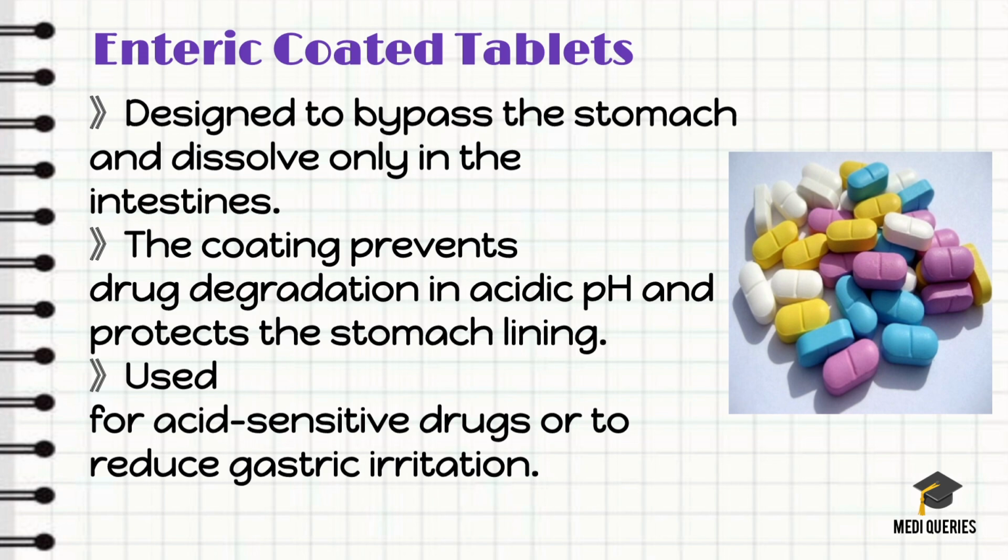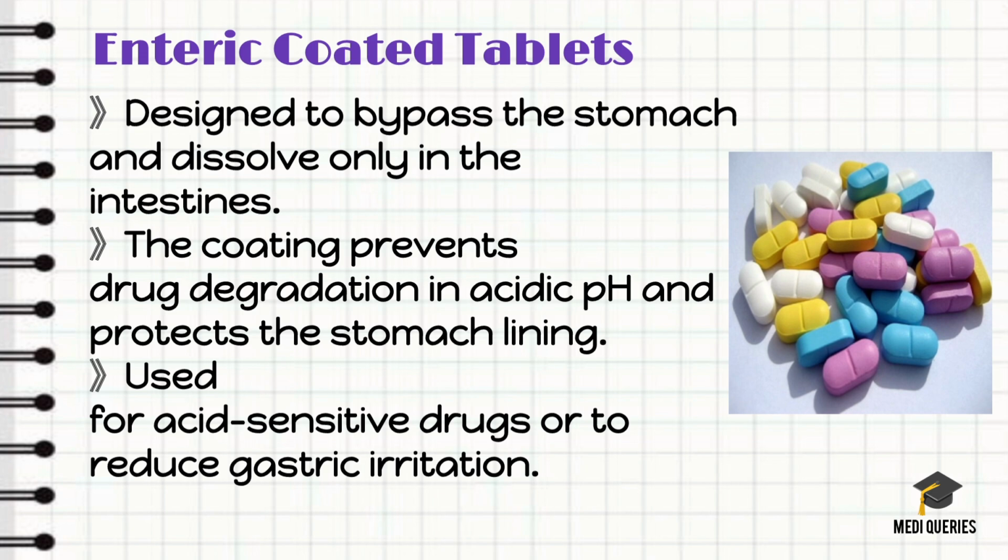They are commonly used for drugs like omeprazole, aspirin or enzymes. Patients must never crush or chew enteric coated tablets or the protection will be lost. They ensure the drug release occurs where it's most beneficial, in the intestines.